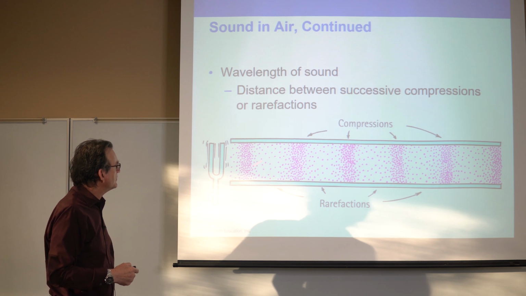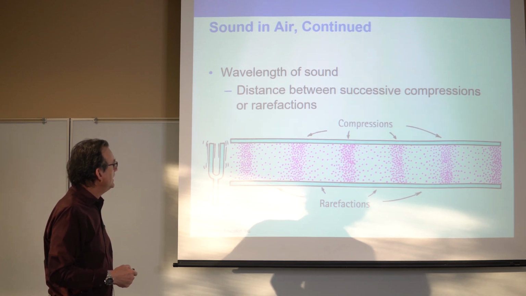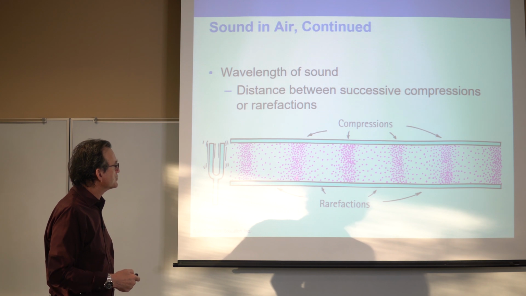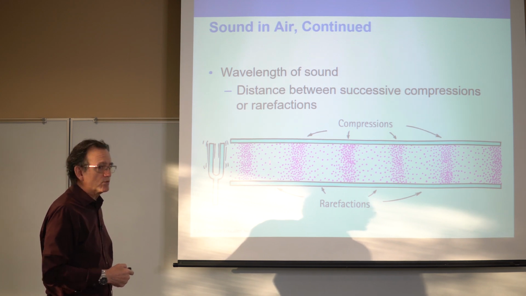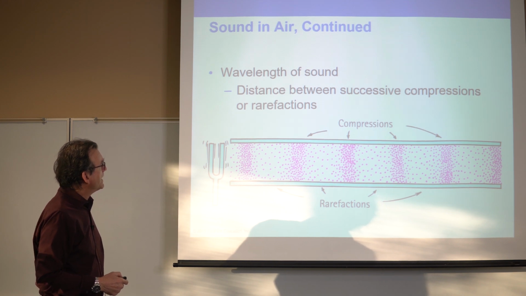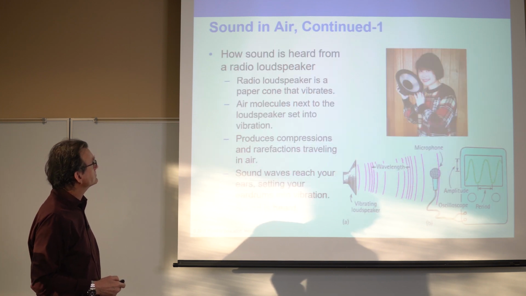And this spacing between these compressions, or the maximum compression in one location compared to the maximum compression in another location, determines the wavelength, the spacing between them. So we could either determine them as the spacing between compressions or the spacing between rarefactions.